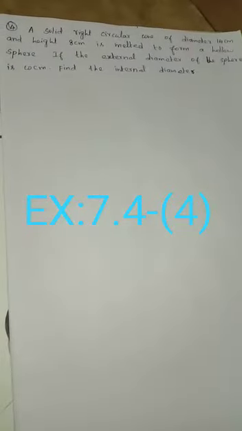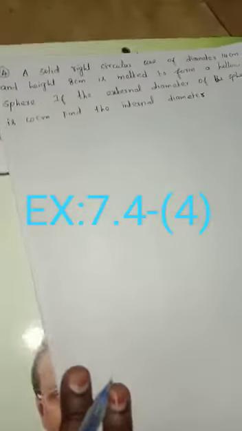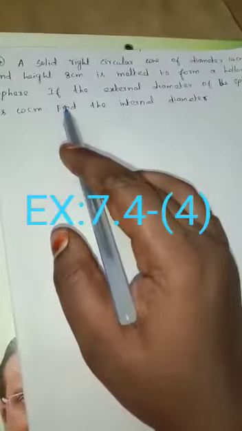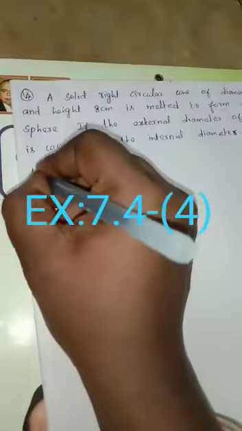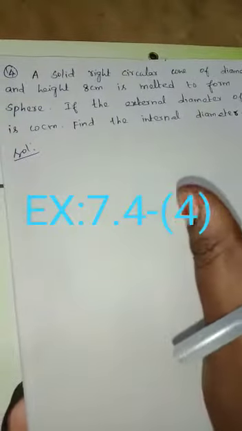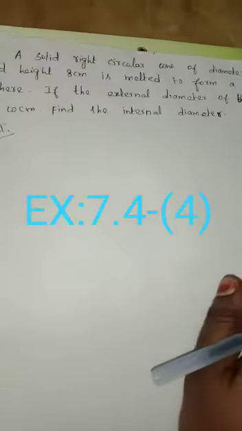So the solid circular cone shaped solid figure we are going to change into a hollow sphere. Hollow sphere, what does that mean? A hollow sphere means it has a space, some vacant place between the two spheres, and that is called a hollow sphere.